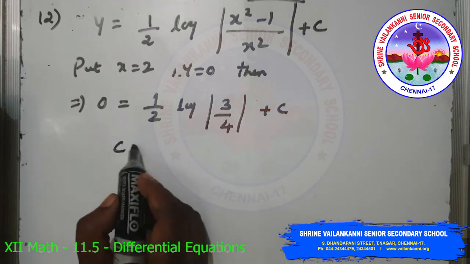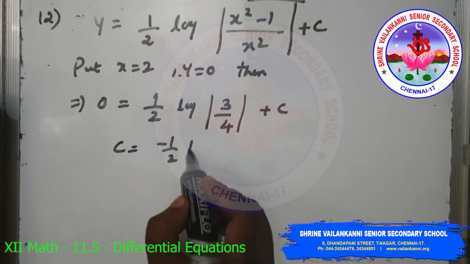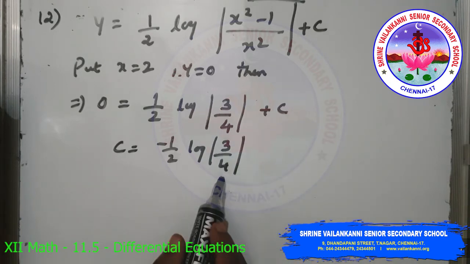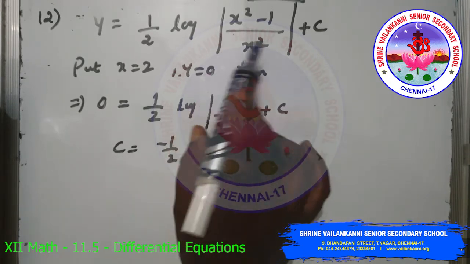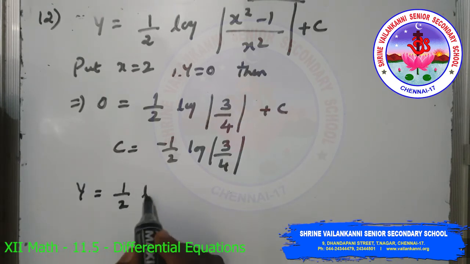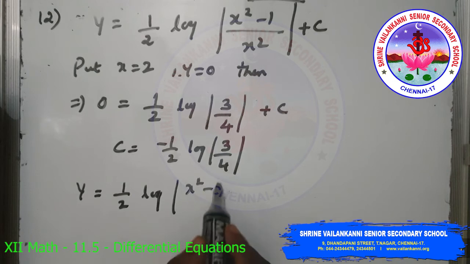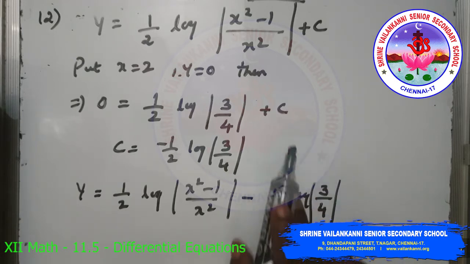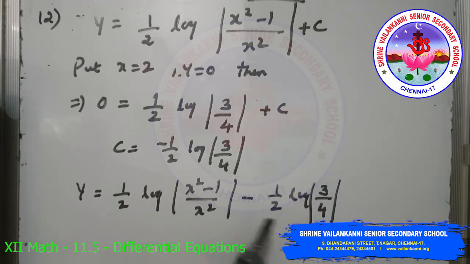So c equals minus half log 3/4. Then we substitute this c in the equation: y equals half log (x² − 1)/x² minus half log 3/4. Substituting the value of c, this is the required solution.